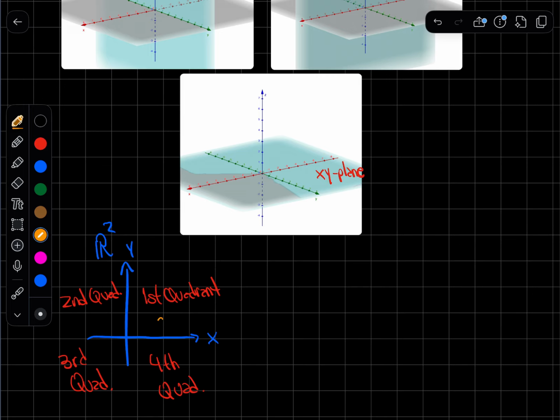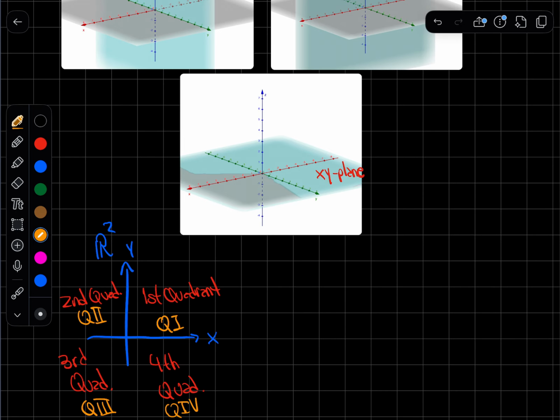Sometimes you say Q1, Q2. I usually see it in Roman numerals like this, but I've seen it with regular Indo-Arabic numerals too. This is in R2, with dimension 2 in the plane.